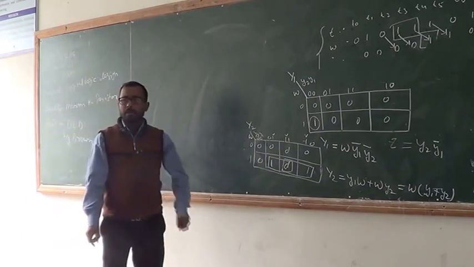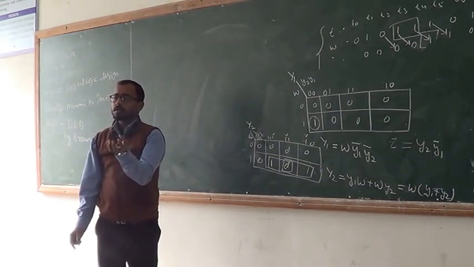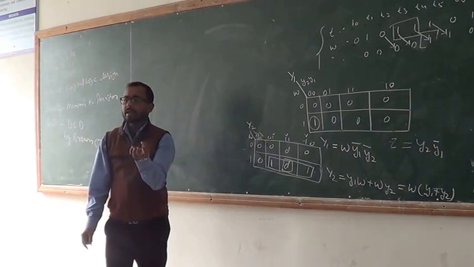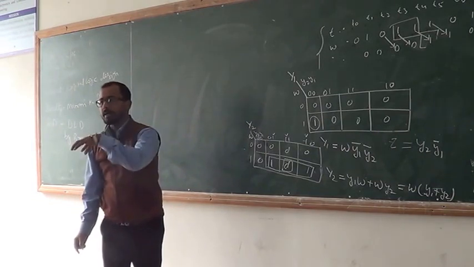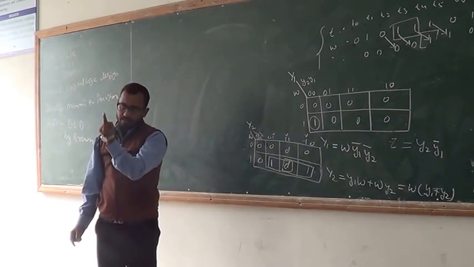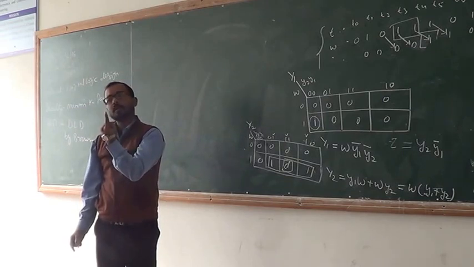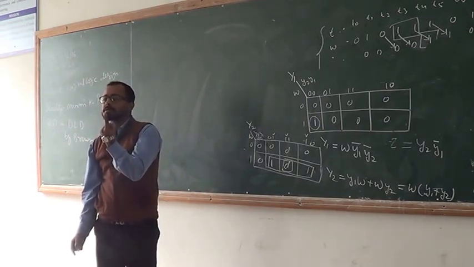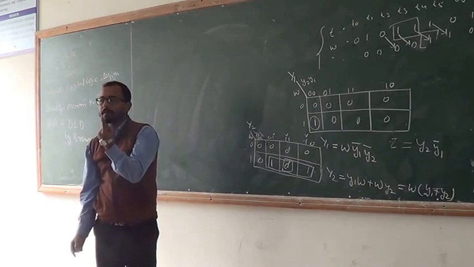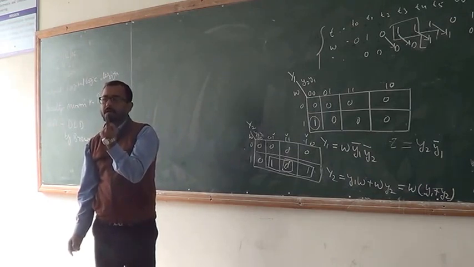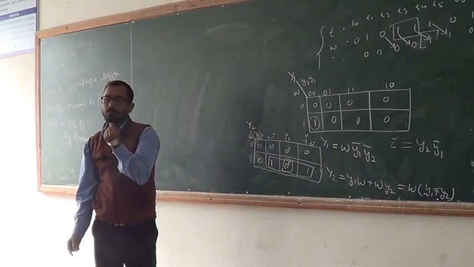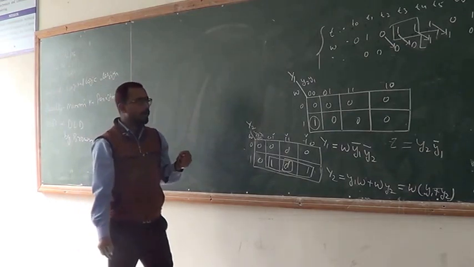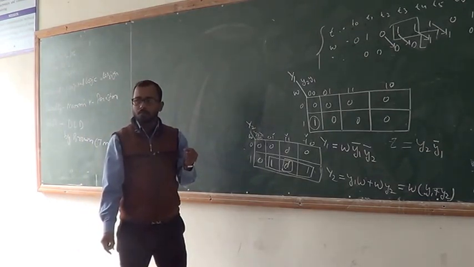That means we require a circuit that has memory, a sequential circuit. What is an example of a sequential circuit? Flip-flop. A flip-flop is an element which has single bit memory. Therefore, we use flip-flops for designing this FSM.